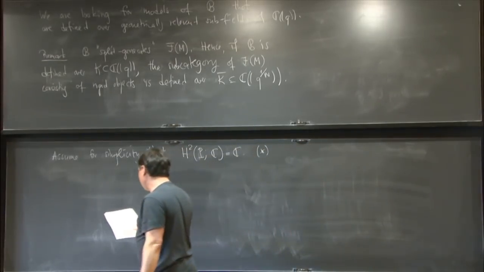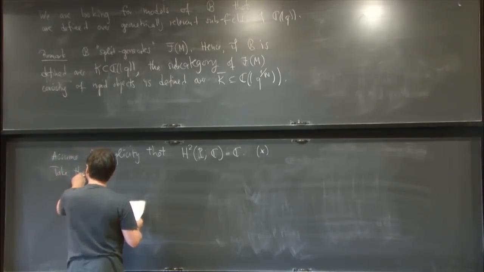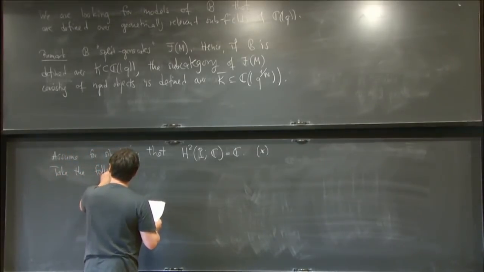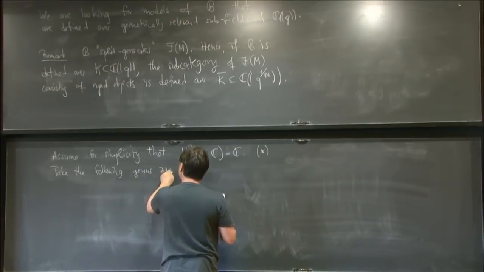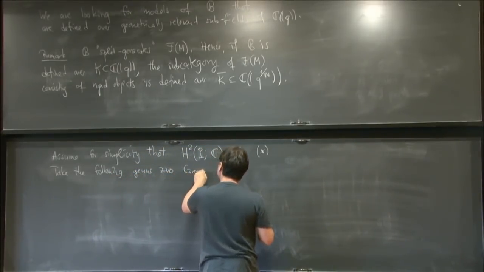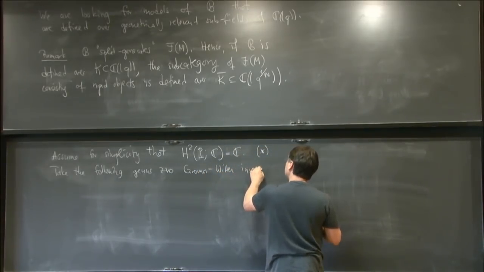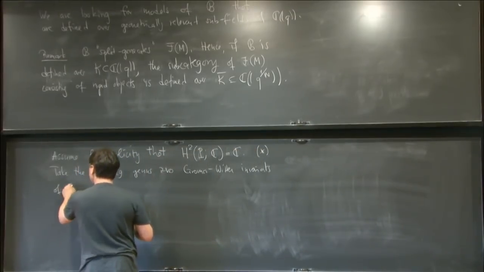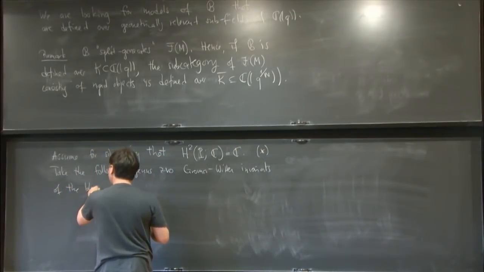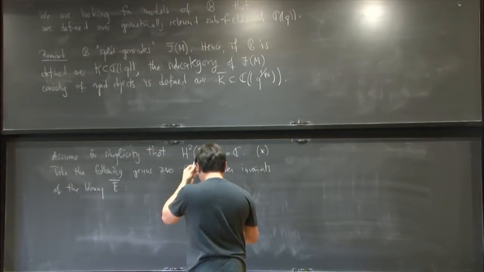Okay. So take the following: genus 0 Gromov-Witten invariants of the blow-up. Okay, so what do we do here?